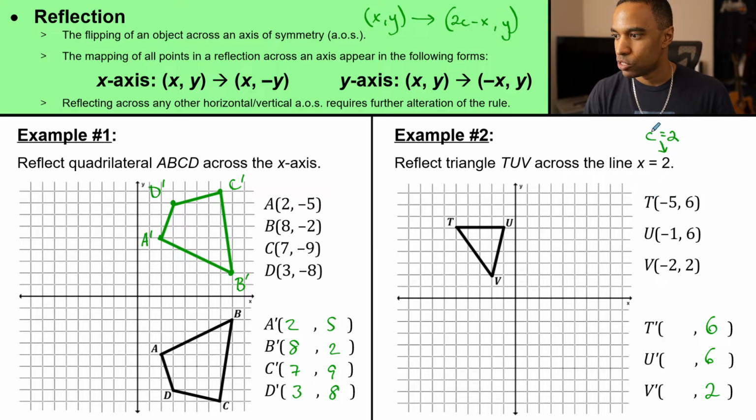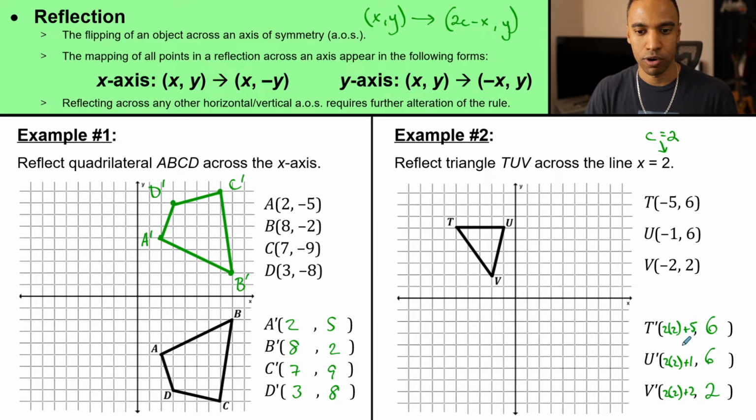T prime, 2 times 2 minus -5. U prime, 2 times 2 minus -1, which is plus 1. And then V prime, 2 times 2 minus -2. All right, 4 plus 5, 4 plus 1, 4 plus 2. That's what we're doing here to get those values.